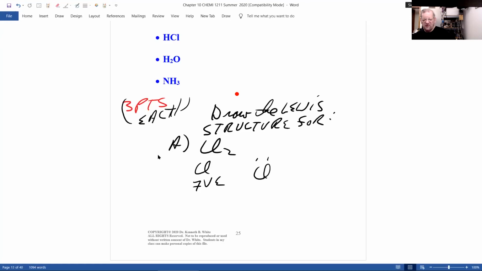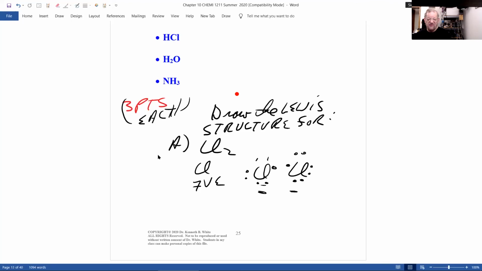And you don't have to do it this way, but I'm showing you how it happens. This is 1 chlorine. And this is the other. And this one says, oh, I've got 1 electron. You've got 1 electron. Let's share. And they do.